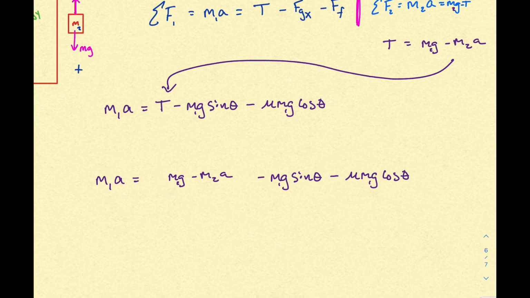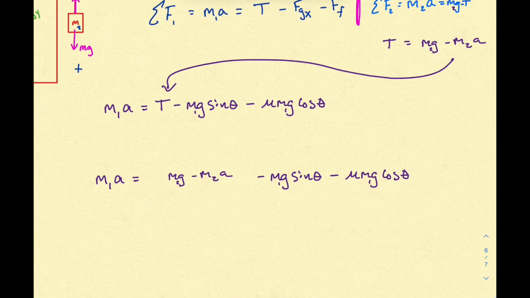And now we've got to take a look around and see what we have. I have an A right here. So I can move that one over to the other side. These don't have an A in it, so in short order I can get the A's on one side. So let's go ahead and do that.